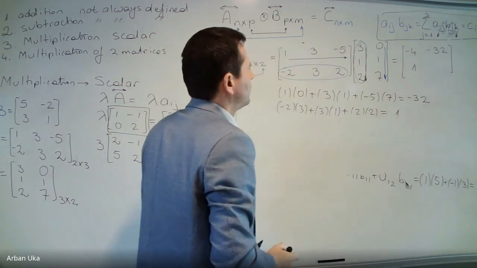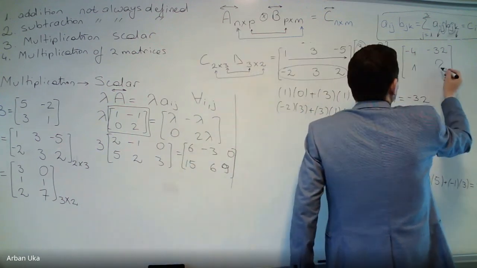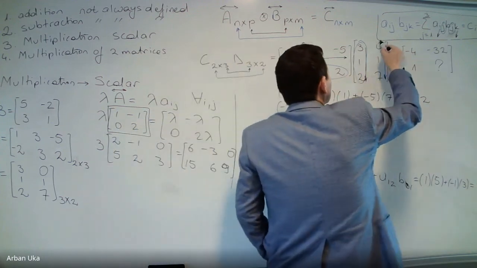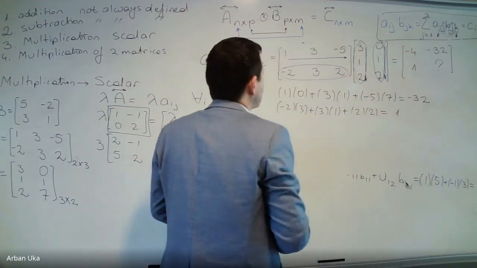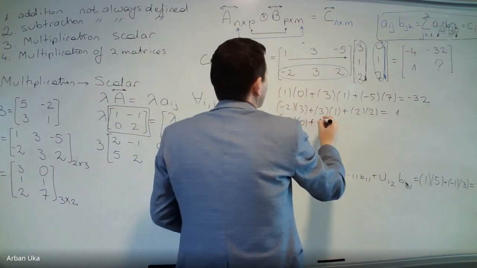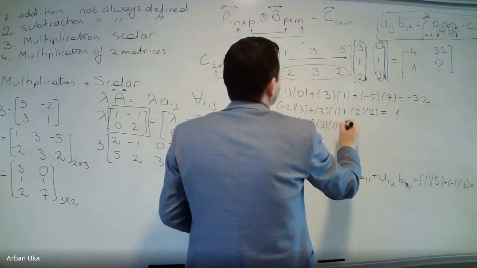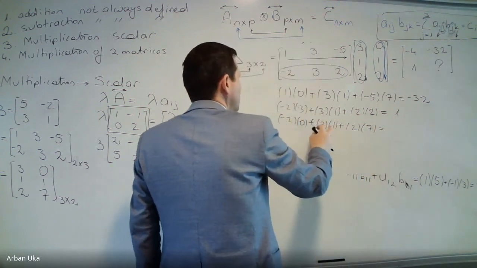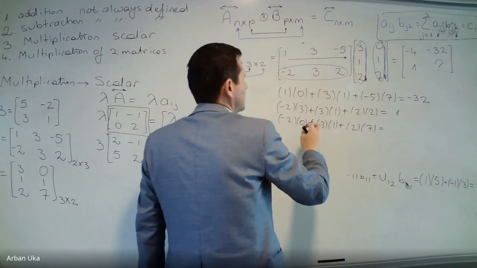We are left with one last number, and it should be a combination of the second row here with the second column here. In this case, we have minus 2 times 0 plus 3 times 1 plus 2 times 7, which makes it 14, 17.